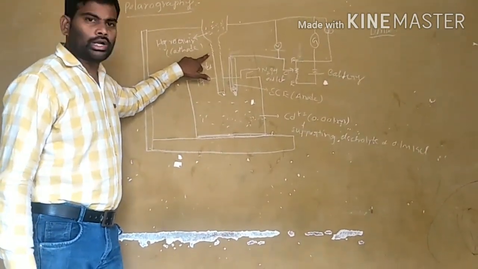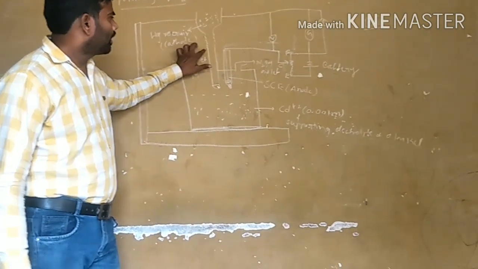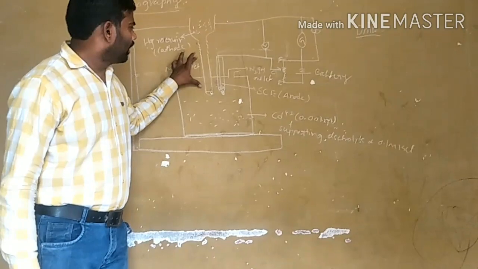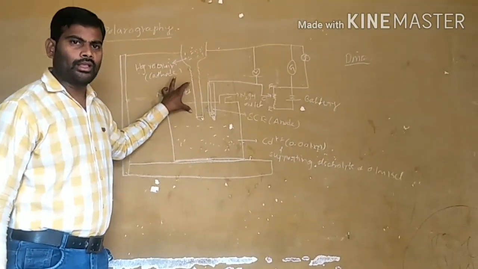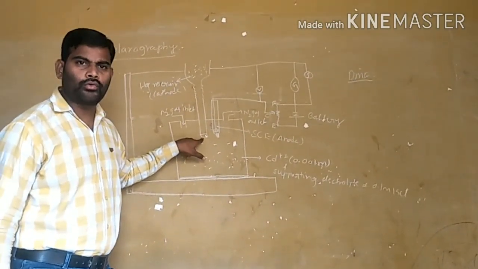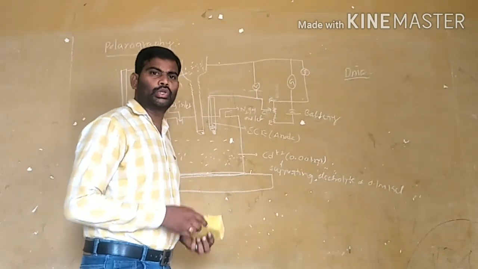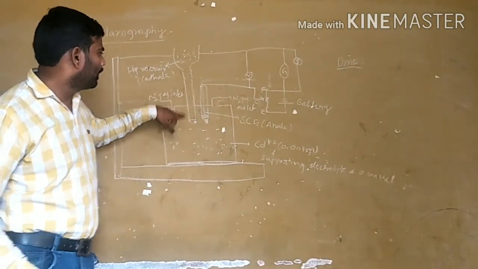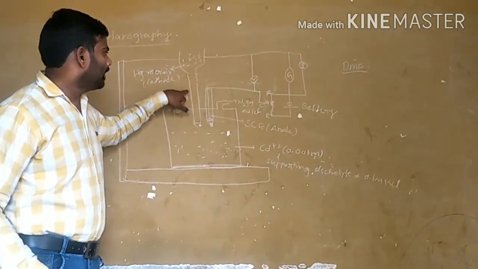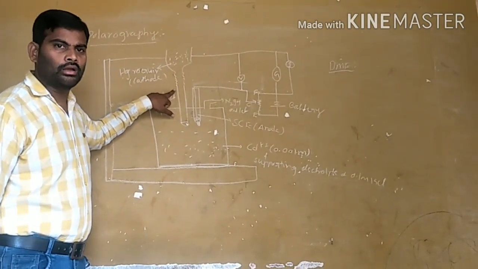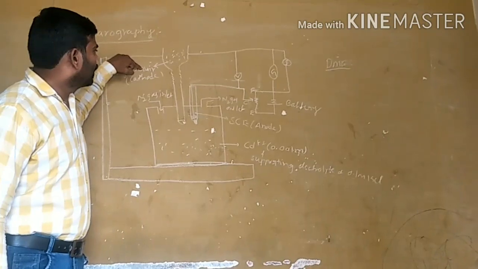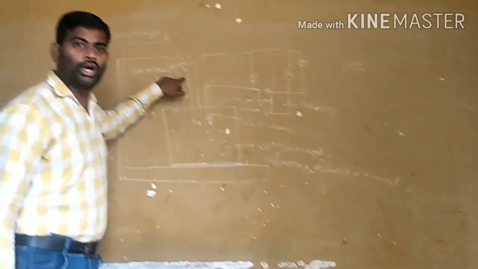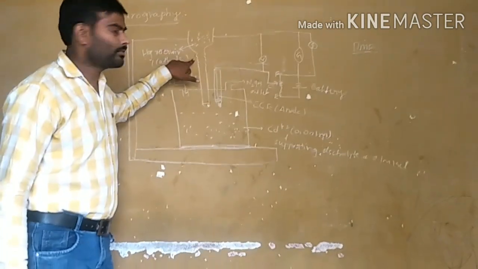The dropping mercury electrode consists of a thin capillary having a diameter of 0.04 to 0.06 mm, and this capillary is attached to the mercury reservoir through rubber tubing.